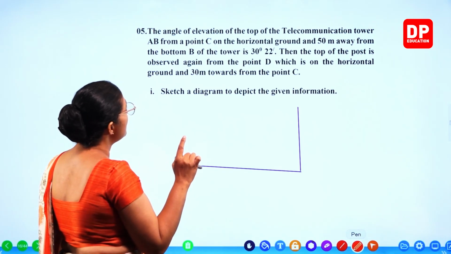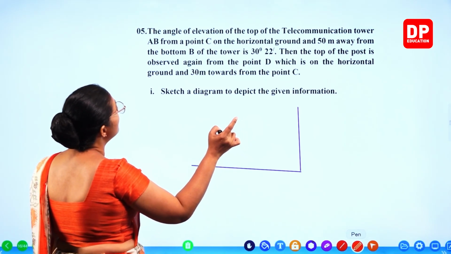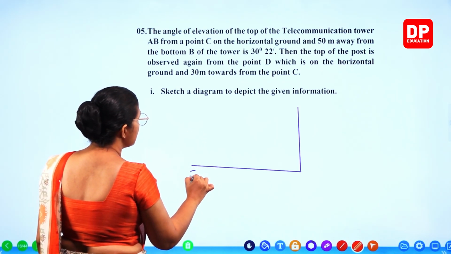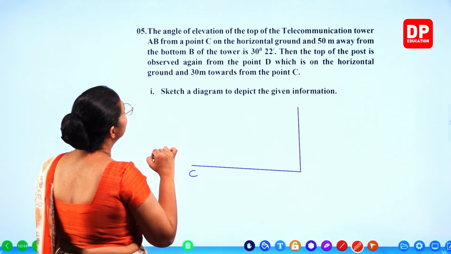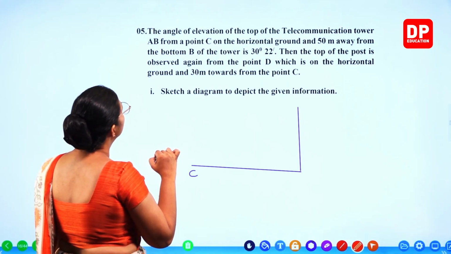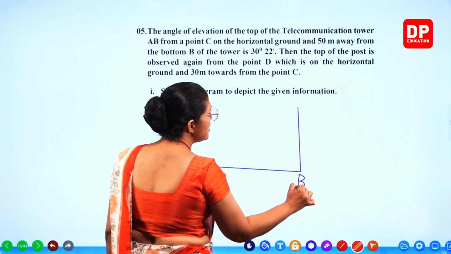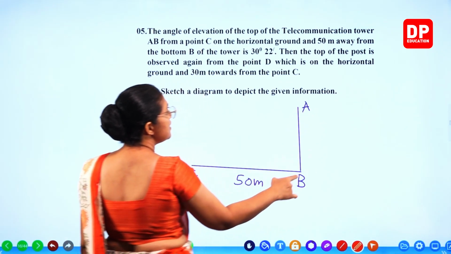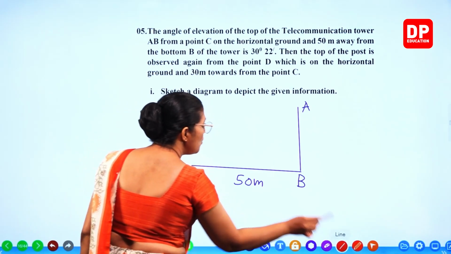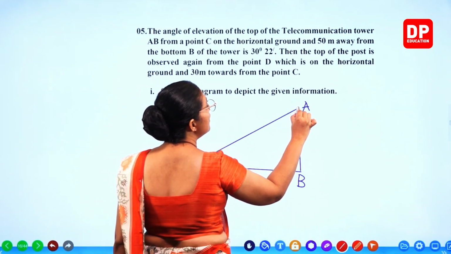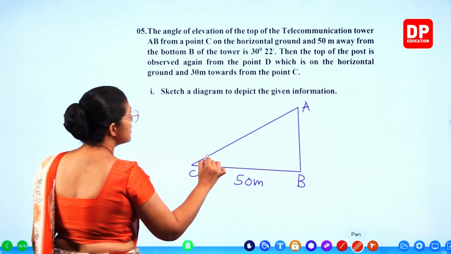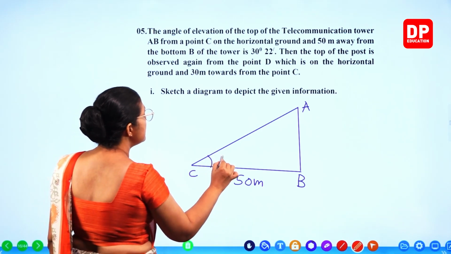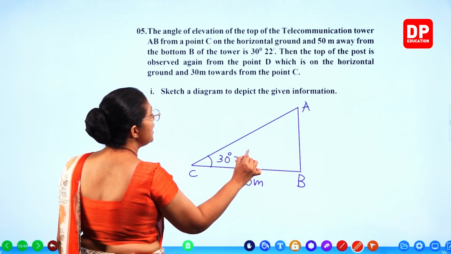The angle of elevation here, tower AB from a point C. So let's take C is here, 50 meters away from the bottom B point. So this is A and this is B. When you connect here to here, the angle of elevation is the angle with the horizontal line. This is 30 degrees and 22 minutes.